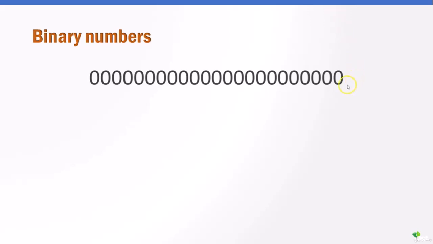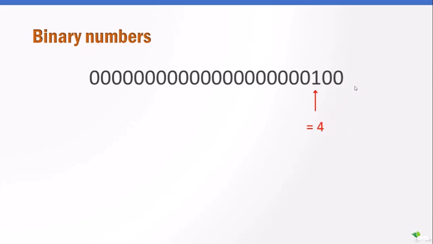So the first digit we're going to look at is the far right digit. And in general, when we talk about binary numbers, we start from the far right. So the first digit on the right has a value of 1. The one next to it, the one on its left, has a value of 2.